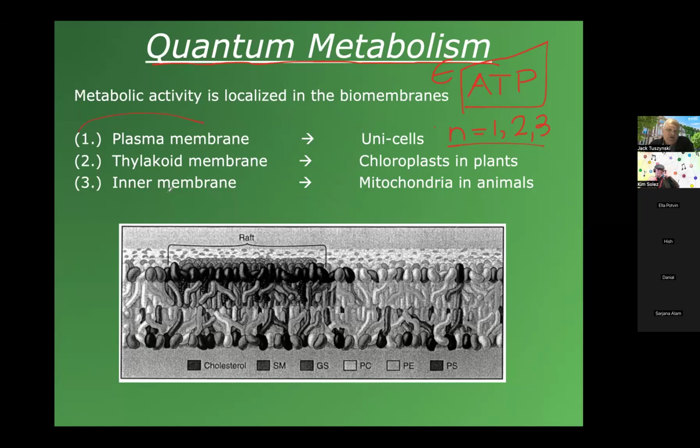The actual geometries of the various metabolic energy factories, if you will, depending on the system, unicells or chloroplasts or mitochondria, vary, and that's kind of significant, as you will see, and also across the body. You know, from cell to cell, you build a certain geometry.